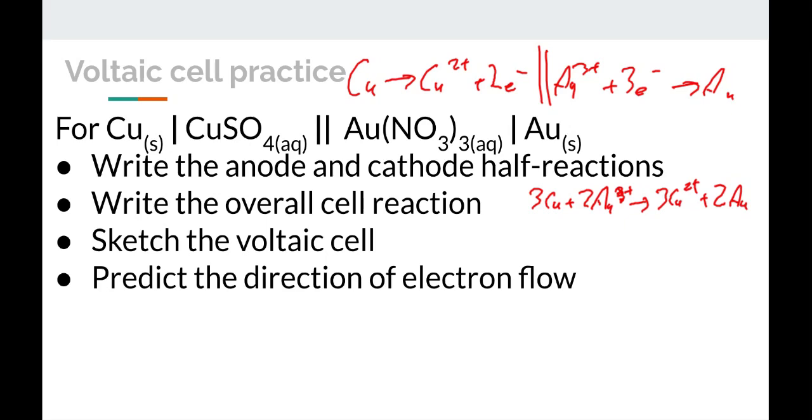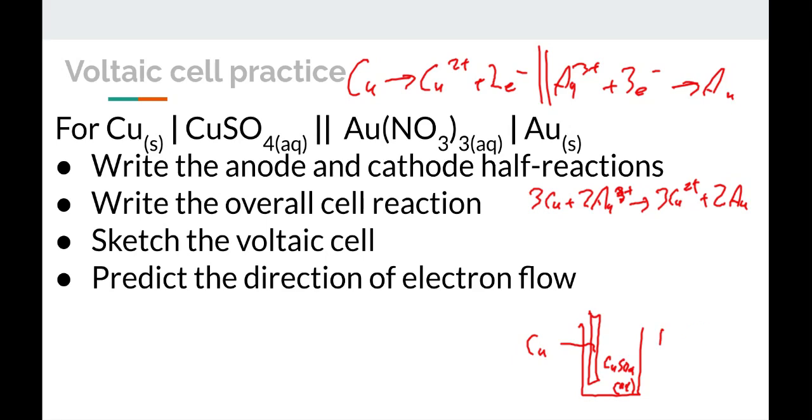Sketch the voltaic cell. Well, on one side, I'm going to have a copper strip, and inside this solution, I'm going to have CuSO4 aqueous.